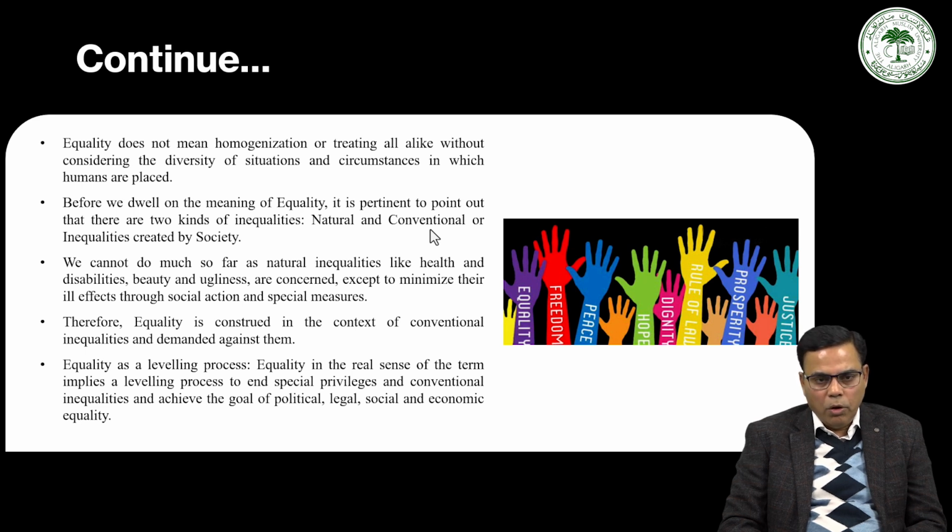Before we dwell on the meaning of equality, it is pertinent to point out that there are two kinds of inequalities: number one, natural, and number two, conventional, or inequalities created by society.